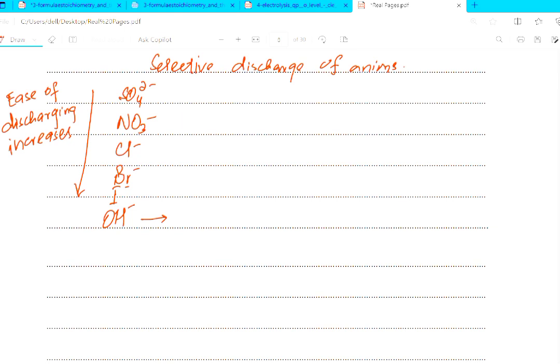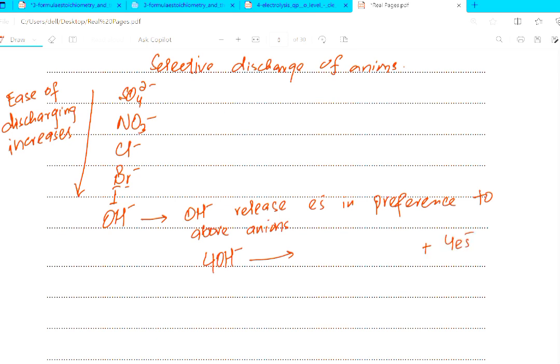So you can say hydroxide releases electrons in preference to the above anions. And there is one famous equation for the hydroxide which you have to understand: 4OH- will release 4 electrons, so I'm writing here 4 electrons.